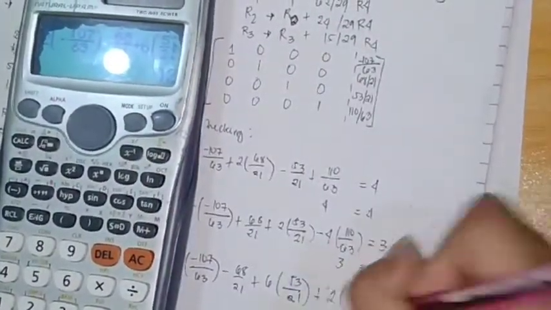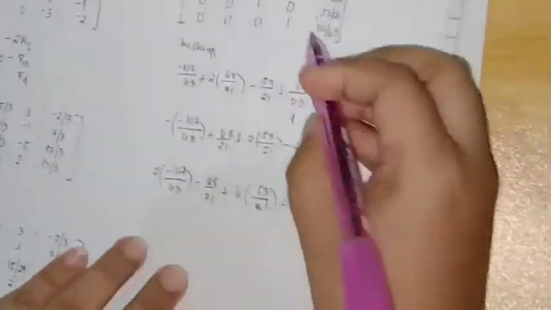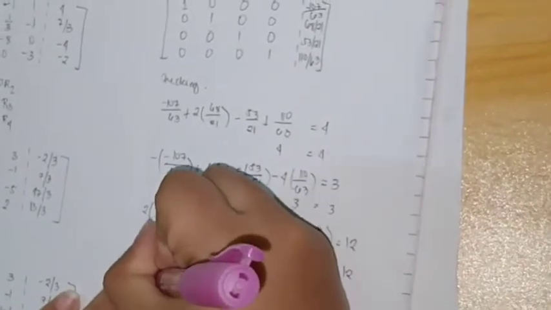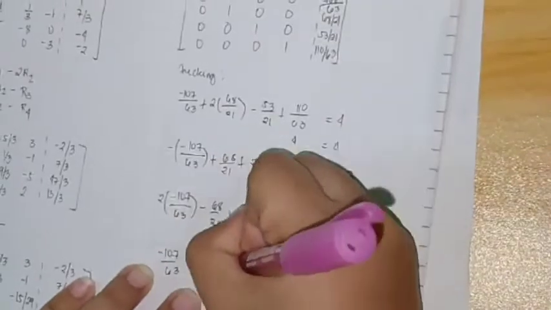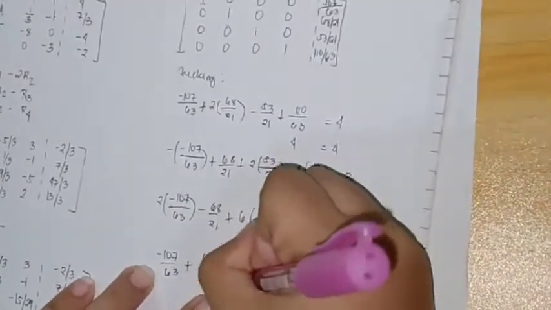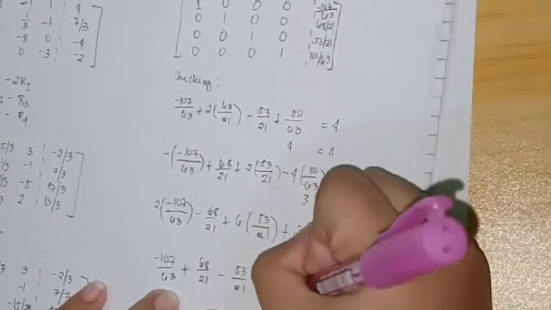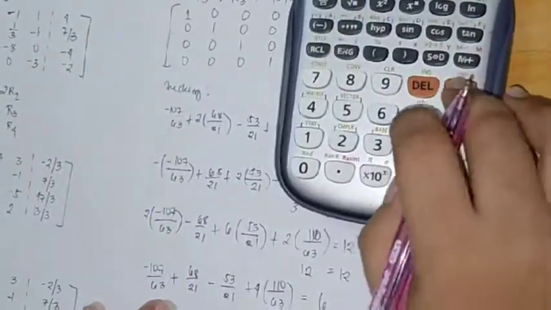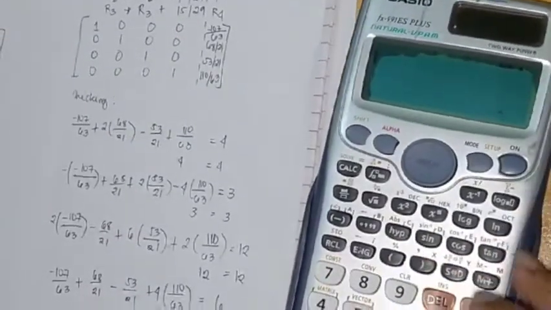So, last equation, we have w, negative 107 over 63, plus x, 68 over 21, minus y, 53 over 21, plus 4z, which is 110 over 63, is equal to 6. If they are equal, then the whole solution is correct.